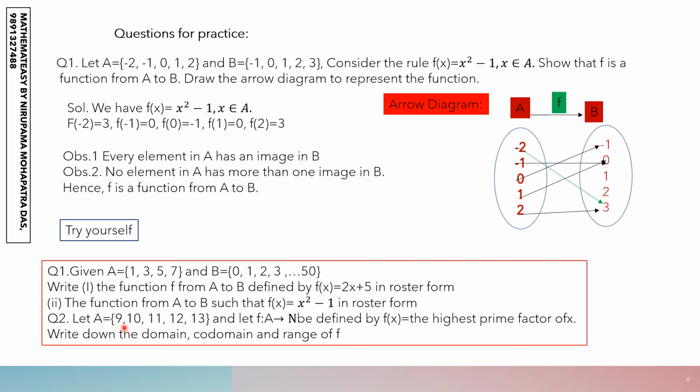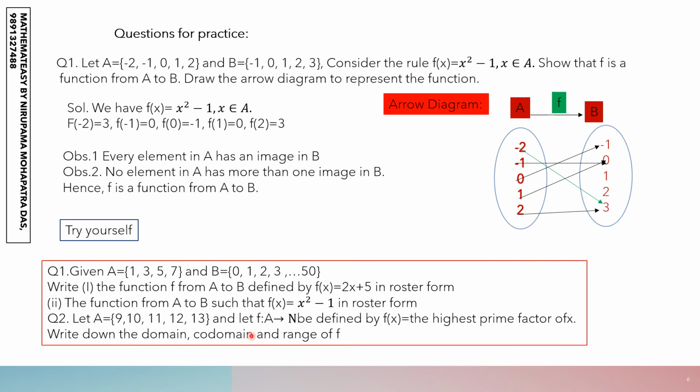For the highest prime factor of 9, 10, 11, 12, 13, for each element you have to find the highest prime factor of that number. Then you can take the ordered pairs, and writing the domain: the set of all first components of the ordered pairs will be the domain, and the set of second components will be the range of the function.